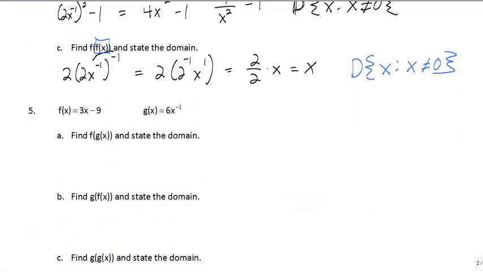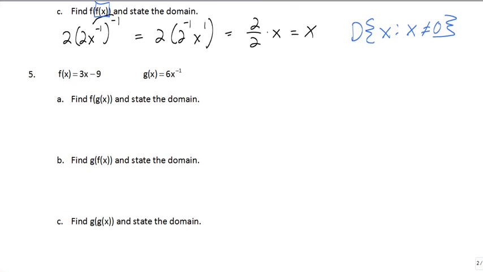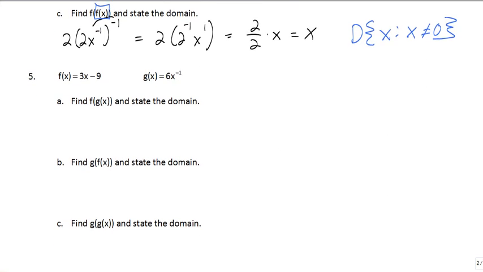Alright, so let's do this one more. And f of g of x and state the domain. So we have g is being input into f, so we have 3 times 6x to the negative first minus 9. We get 18 over x minus 9.